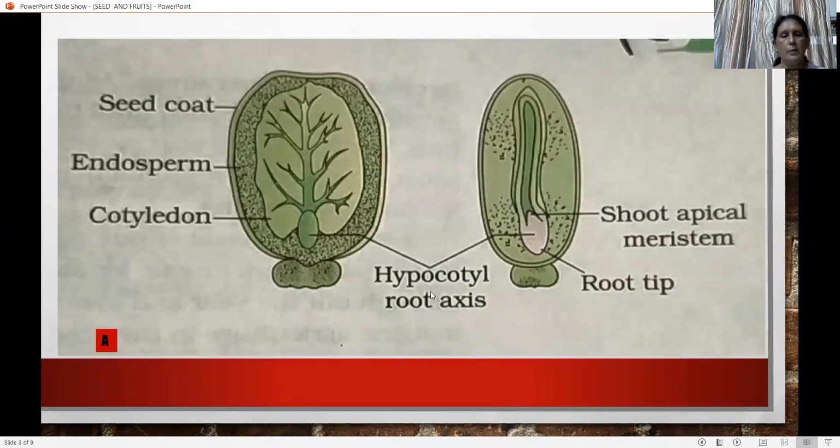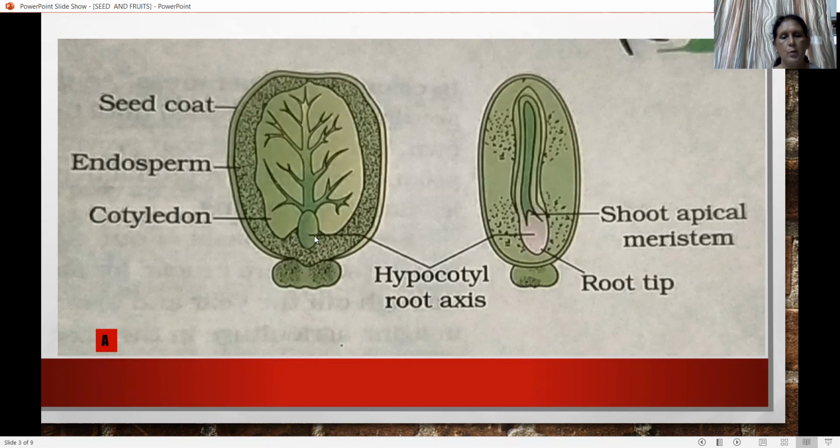Next, here is the diagram of a castor seed. It is a dicot seed. Here it shows the outer integument testa, the inner integument tegmen, and the whole cavity is covered by endosperm, which is a nutritive tissue, and the embryonal axis is present.